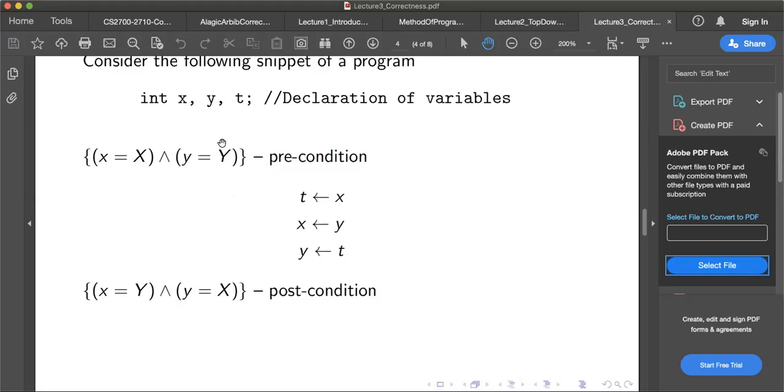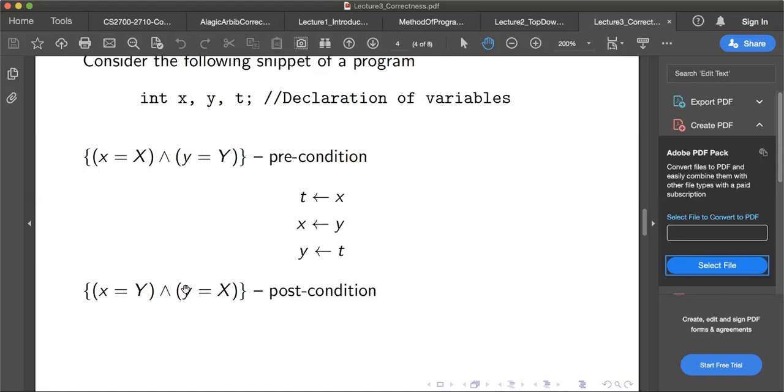Ultimately, starting from this initial state, we want to reach the final state. What we want to ensure is that the sequence of statements that we have written as part of the program actually takes us from this initial preconditioned state through the execution of the statements to the final state.